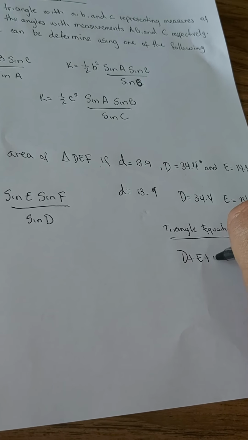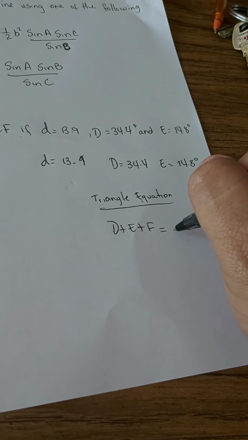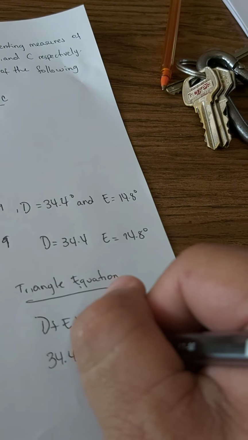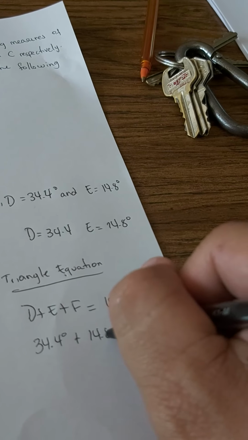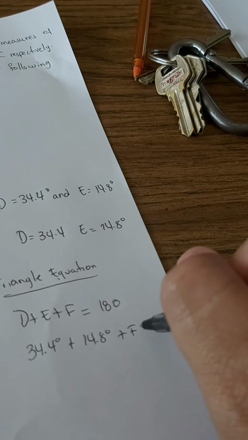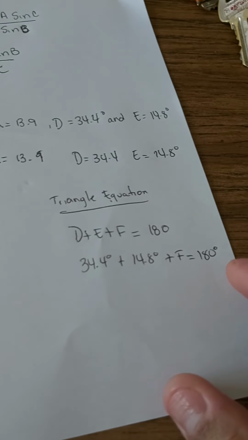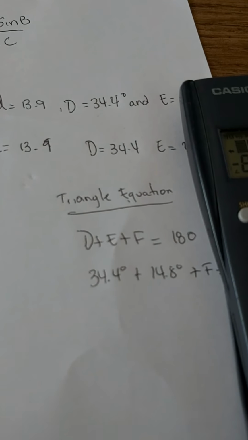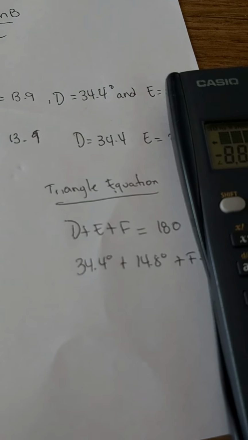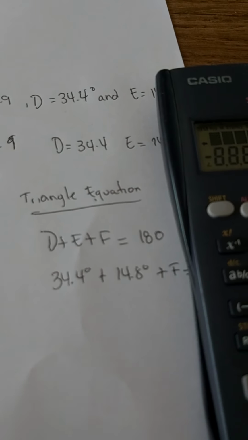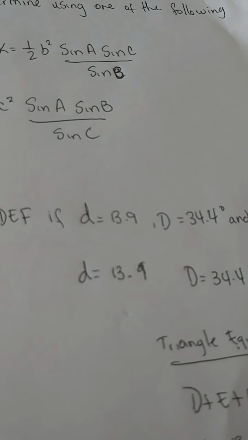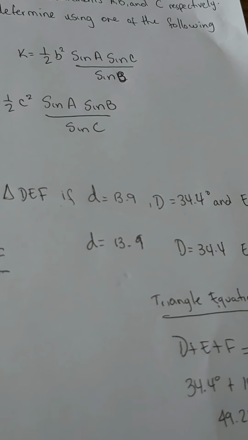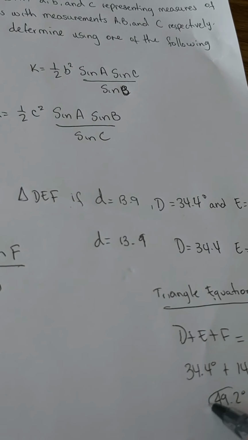D plus E plus F equals 180. 34.4 degrees plus 14.8 degrees plus F equals 180. 34.4 plus 14.8, that's 49.2 degrees plus F equals 180 degrees.